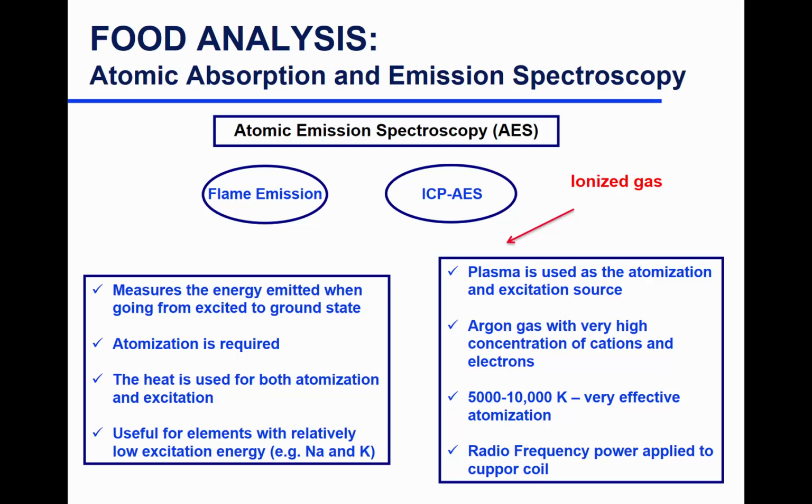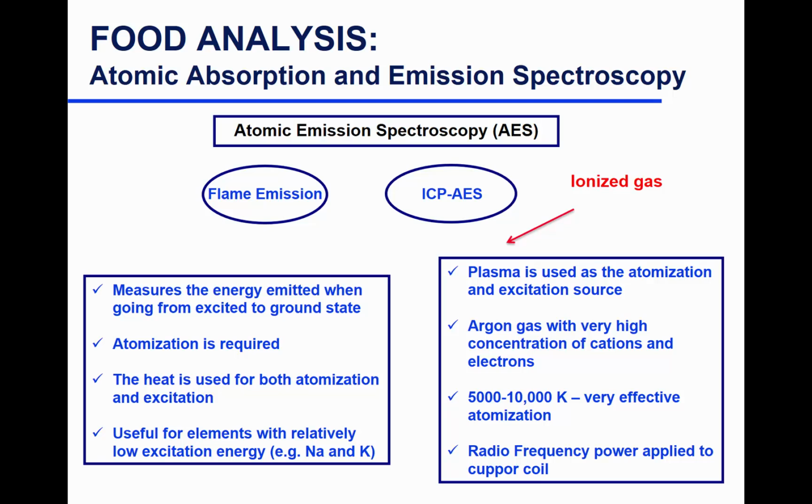I'll just introduce quickly ICP, and then we will pick up from here next time. ICP, inductively coupled plasma atomic emission spectroscopy. It is based on emission, not absorption, but in this case, you don't have a flame and you don't have a lamp. You have a plasma. The plasma is basically argon gas that gets hit by radiation and gets ionized.